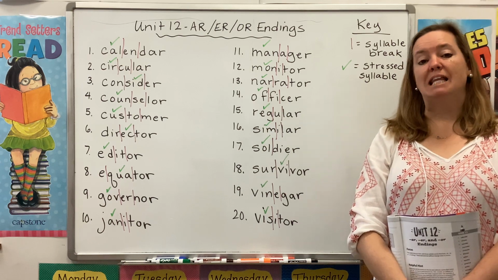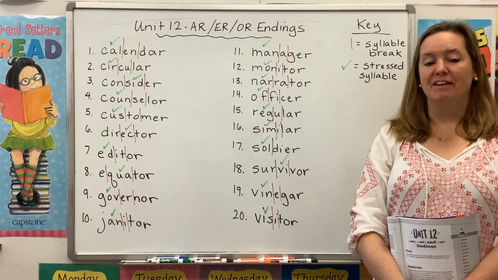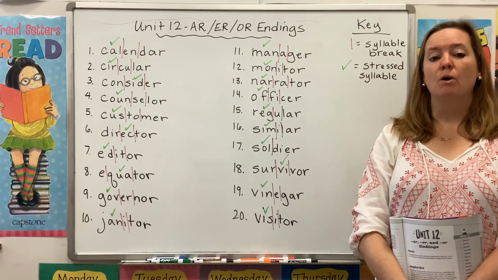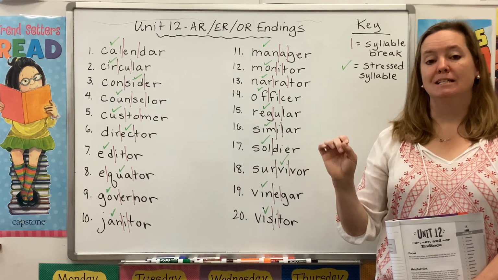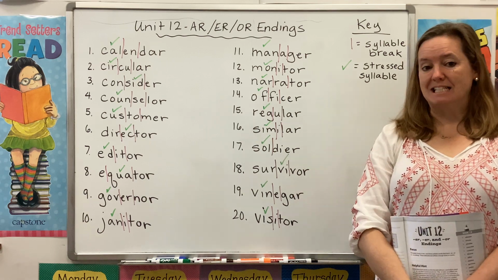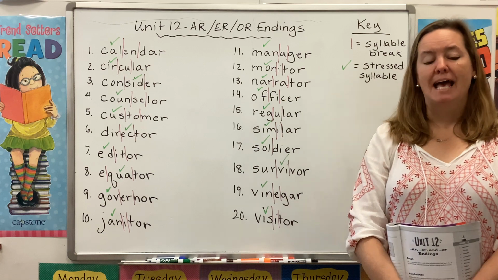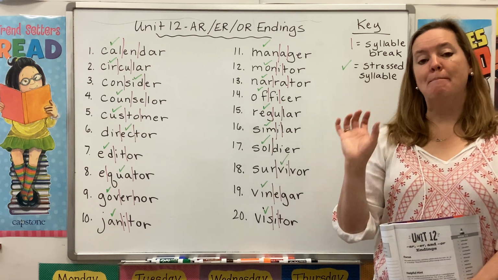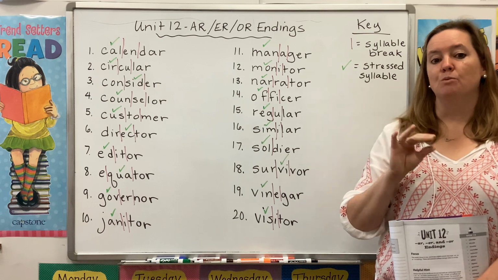So, for the last several weeks, we have been learning about derivational suffixes. Those are endings we put onto a word that change its meaning and change its part of speech. For instance, last week we focused on the suffix meant, and we found out that when you put meant at the end of a word, you can change a verb to a noun.